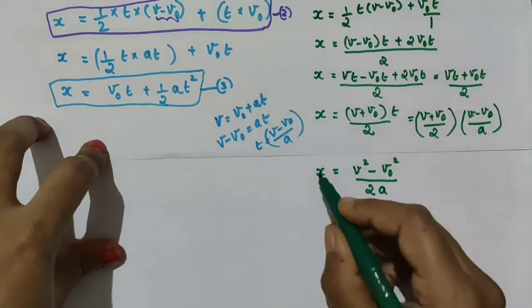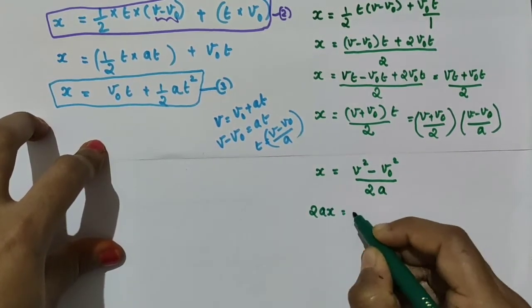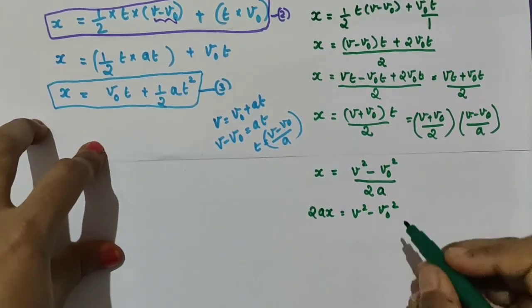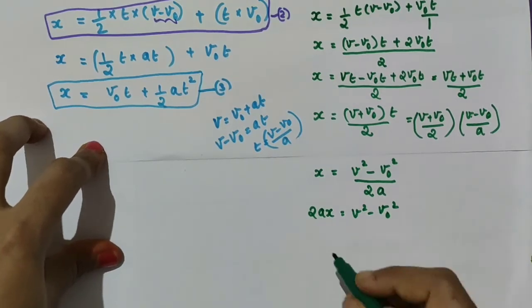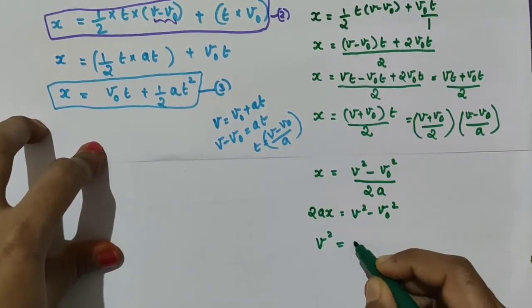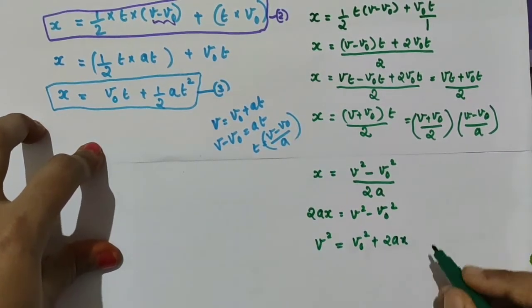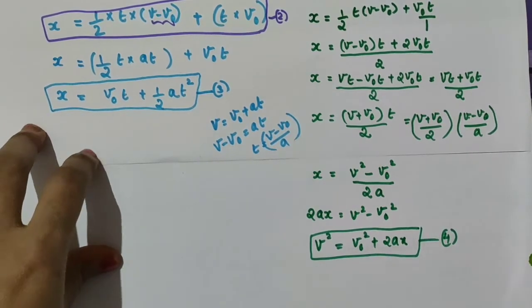Okay, now I'm taking this 2A to this side, so that becomes 2AX is equal to V square minus V0 square. Next I am taking this V0 square to this side, so that becomes plus V0 square. That is, we can write V square is equal to V0 square plus 2AX. Okay, so I am taking this as equation number 4.